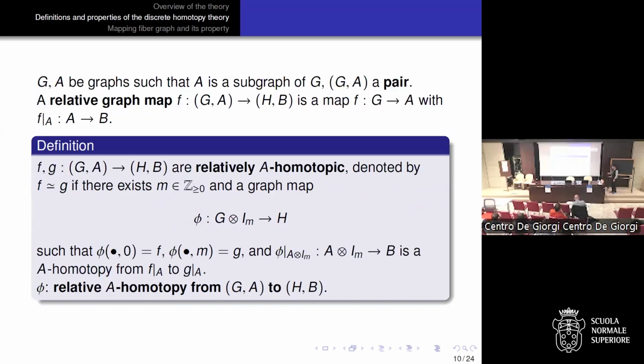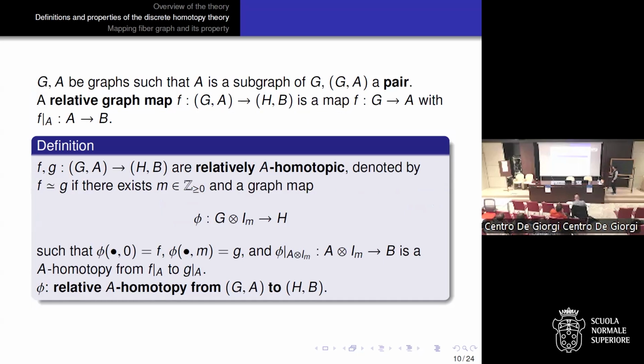And analogously, we can also define a relative version of this homotopy. So let G and A be graphs such that A is a subgraph of G. Then we call (G, A) a pair. Then we can define a homotopy between pairs. So a relative graph map F from (G, A) to (H, B). This definition is really the same as the geometric one.